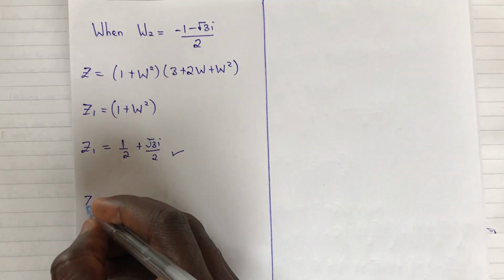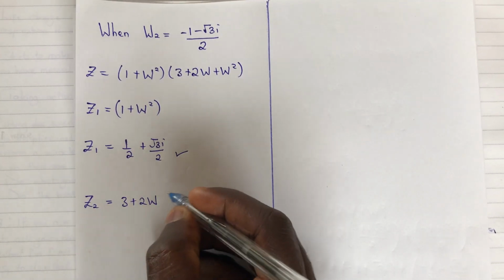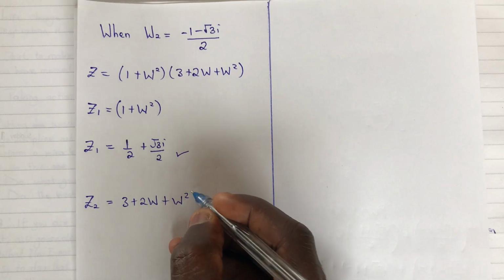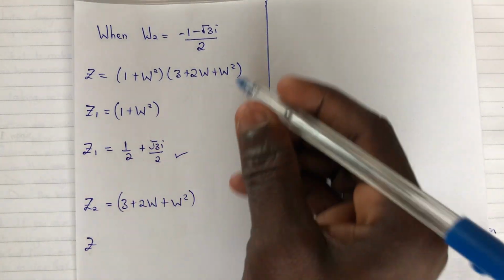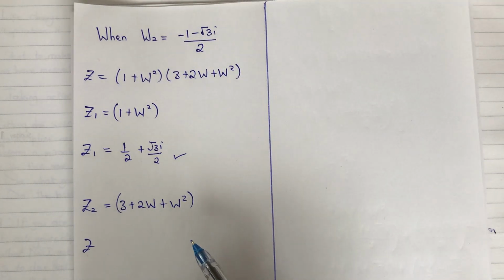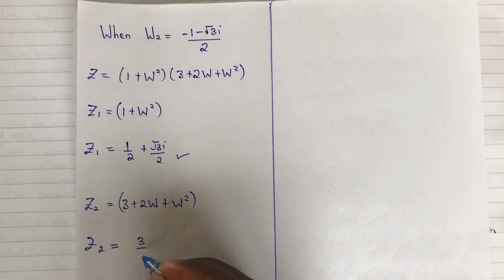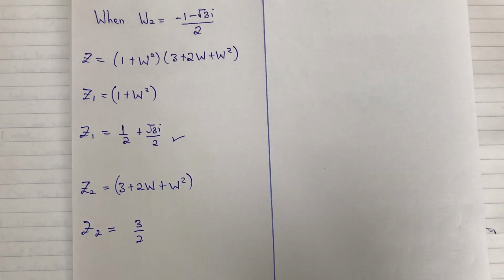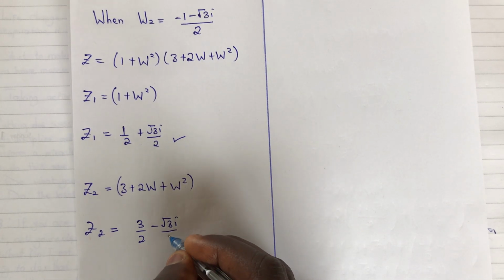Then you work for Z2, which is 3 plus 2W plus W squared. When you put in W2 here, the result of Z2 is going to give you 3 over 2 minus root 3 i all over 2.